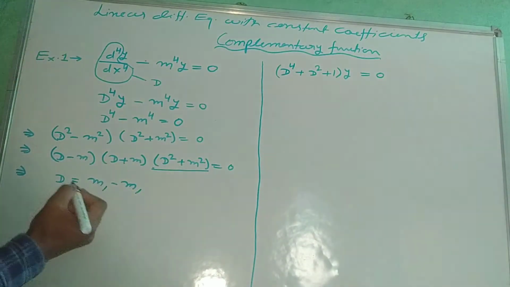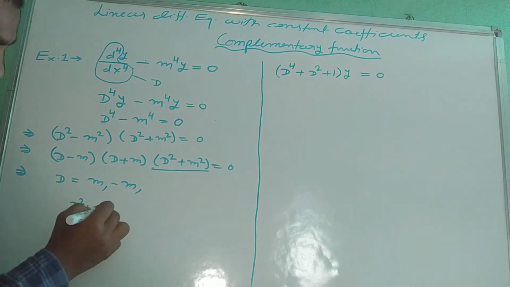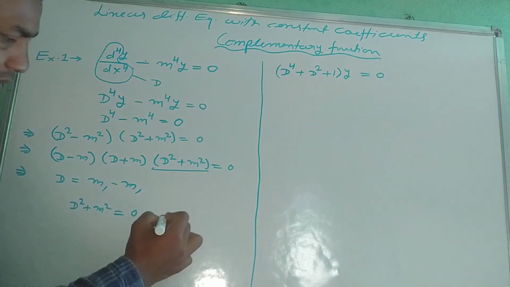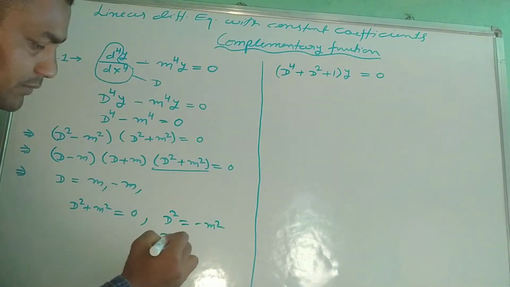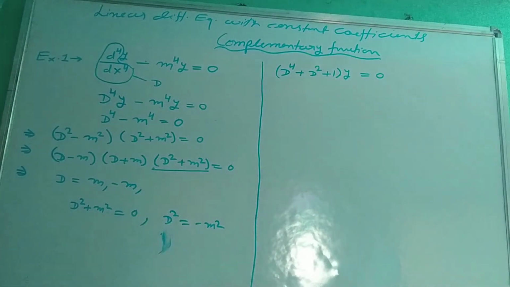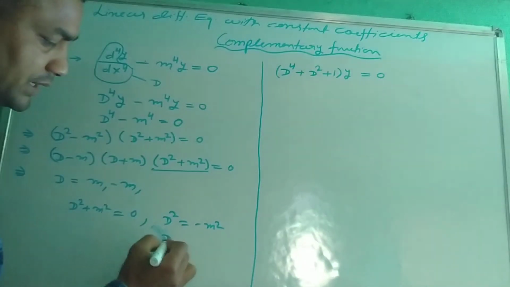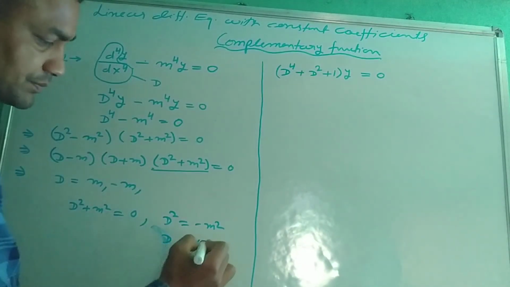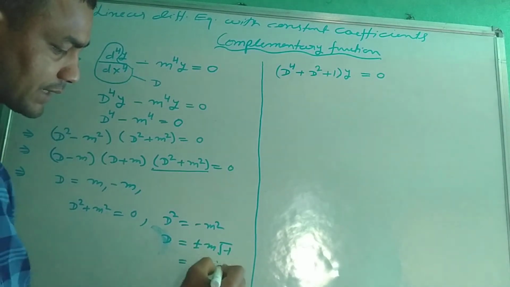When we take D square plus m square equal to 0, then D square equals minus m square, and the value of D equals plus minus m root minus 1, and it is equal to plus minus iota m.